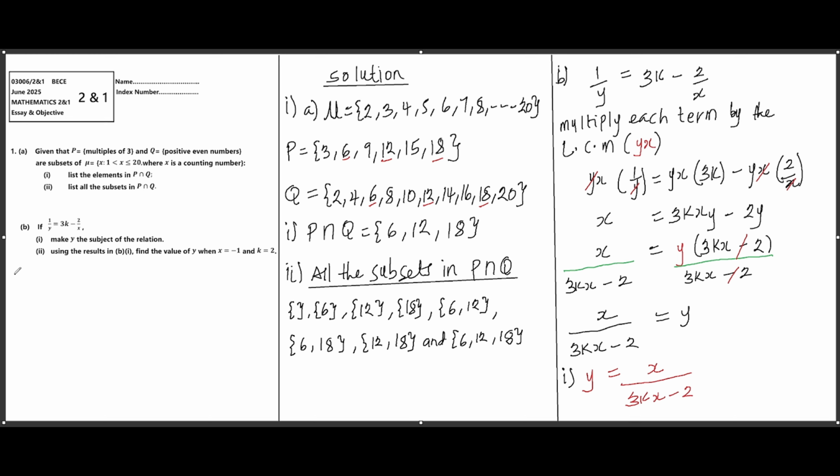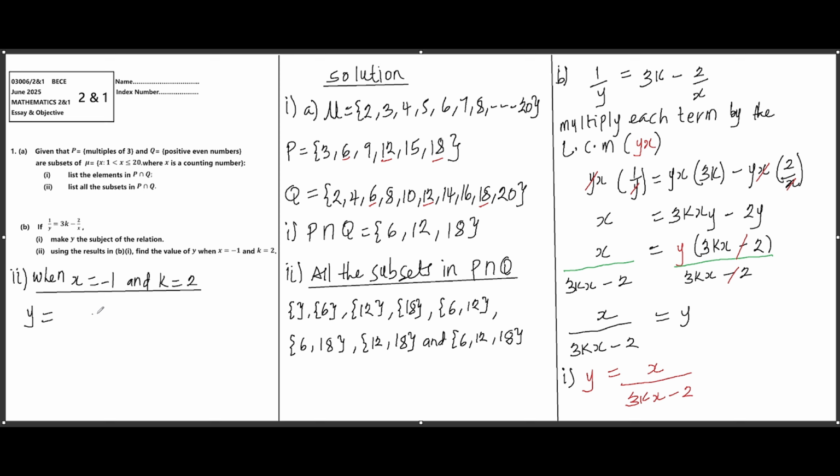Now using the results in bi, that is after making y the subject, we have to find the value of y when x is minus 1 and k is 2. So let's quickly solve this one. So we have y equal to, now anywhere we see x, we substitute minus 1.